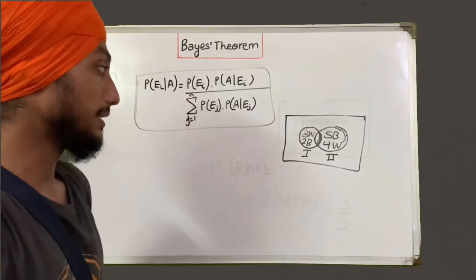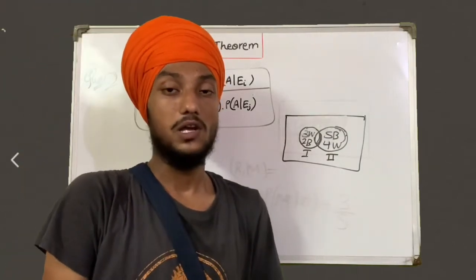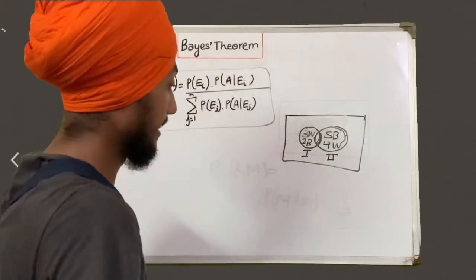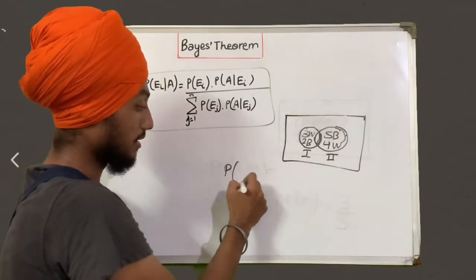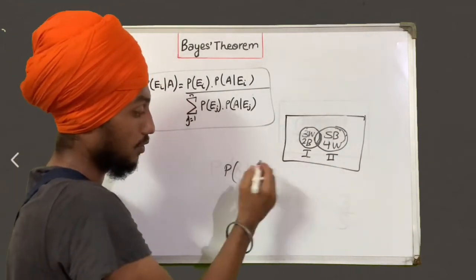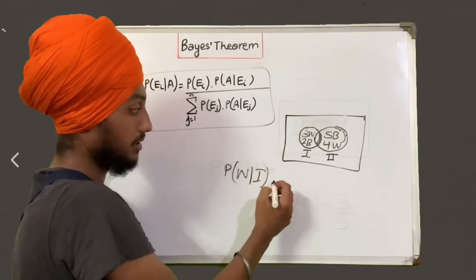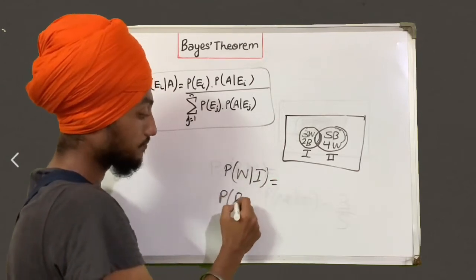In conditional probability, we are given the condition that it must be bag number 1, and then we find the probability of a white ball or a black ball.